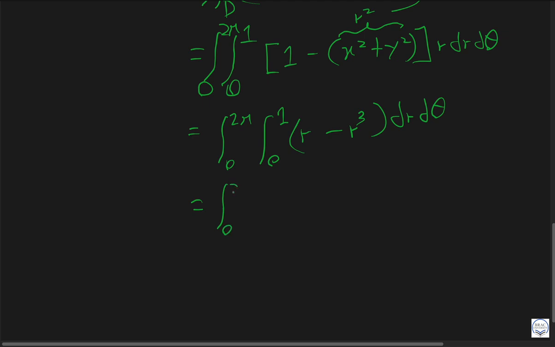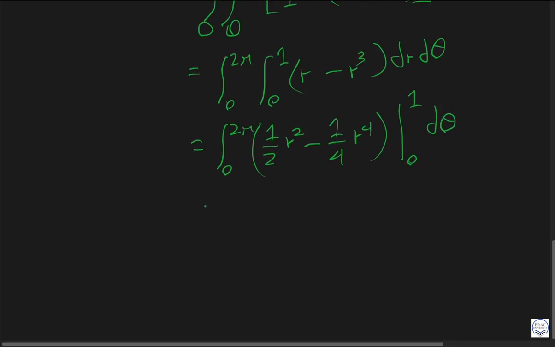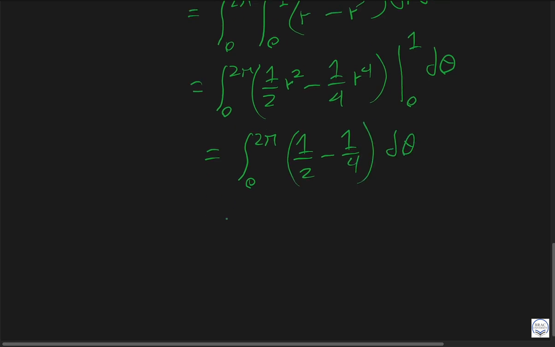So this will be 0 to twice pi. We've got half r squared minus 1/4 of r to the power 4, and we put in the limits d theta. Now we have put 1, we'll get half minus 1/4 d theta.